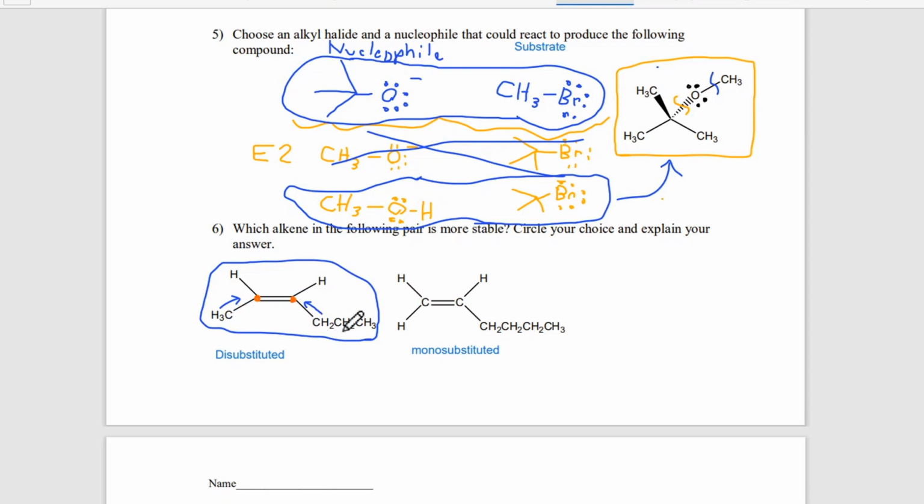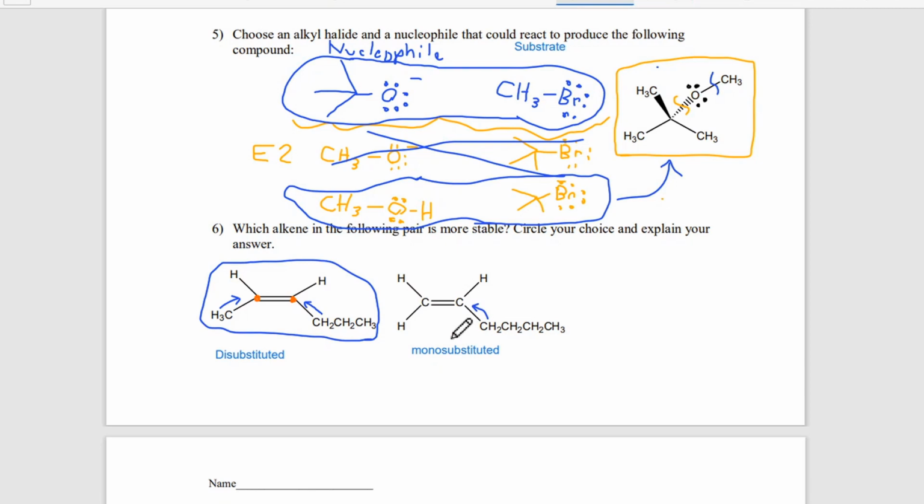With 2 carbon groups, you'll have 2 of them donating. With 1 carbon group, you'll have 1 donating. So the more it donates towards that carbon, the more stabilizing the effect is. If there are 4 carbon groups, tetrasubstituted is more stable than tri, which is more stable than di, which is more stable than mono. Does that make sense?